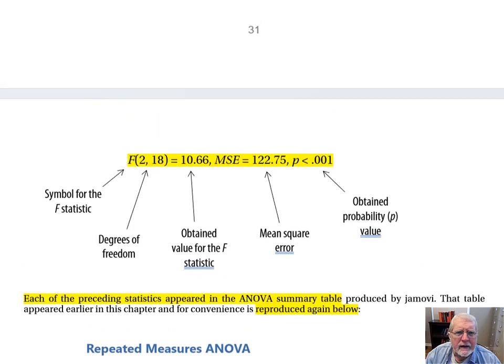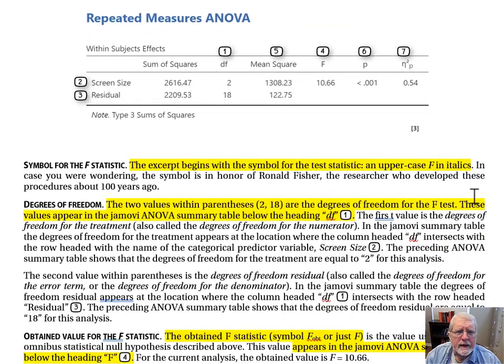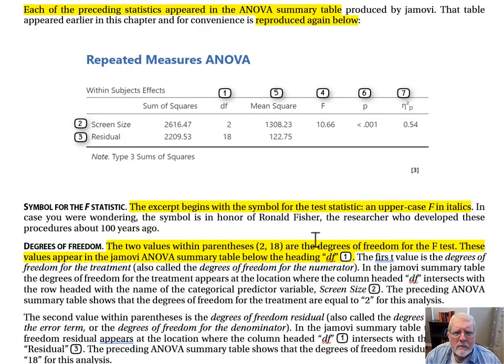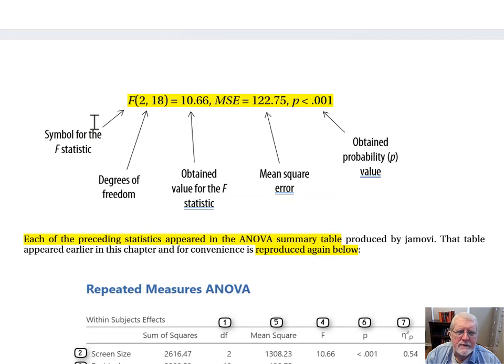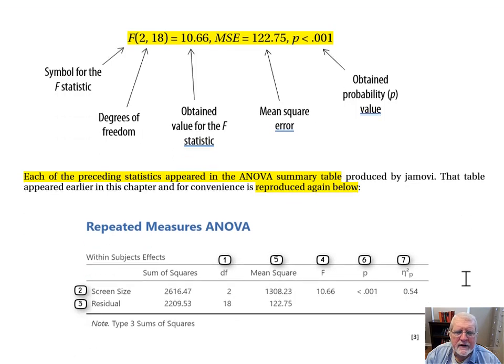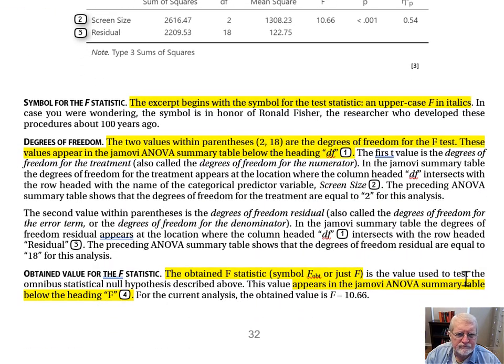I'm toward the middle of page 32. The excerpt begins with the symbol for the test statistic, an uppercase F in italics. So when I diagram the results, it begins with my symbol for the F statistic. It's followed by two values within parentheses. These two values, 2 and 18, are degrees of freedom for the F test.